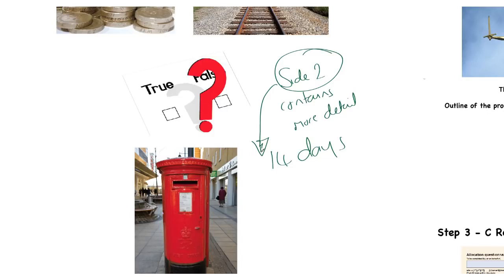So for instance, side 1 might just have said, I was involved in a road traffic accident with the defendant and my car was damaged. That would be side 1. Side 2 would contain a greater level of fact. So it would say things like, on January the 13th, 2013, I was driving along the A140 en route to Colchester to watch the football.